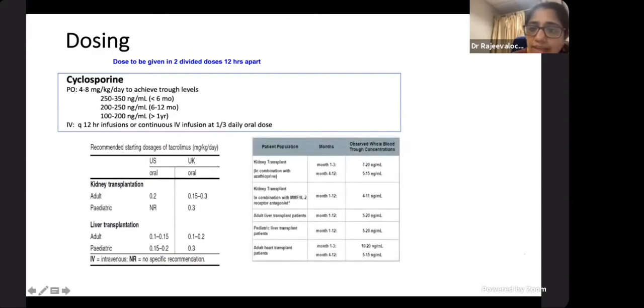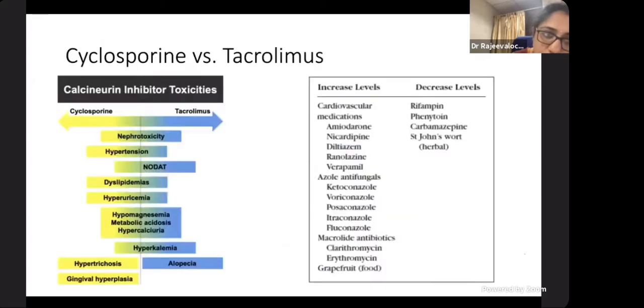So very high tacrolimus levels, we generally don't do. Basically, in kidney transplants, we try to keep it at around 7 in the first 6 months, and then slowly taper it off.